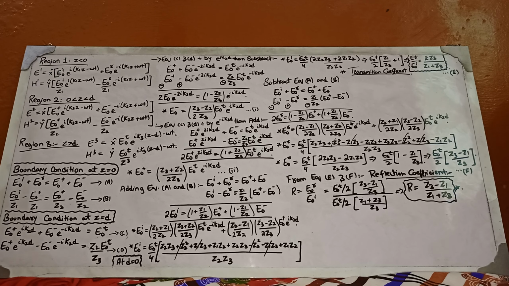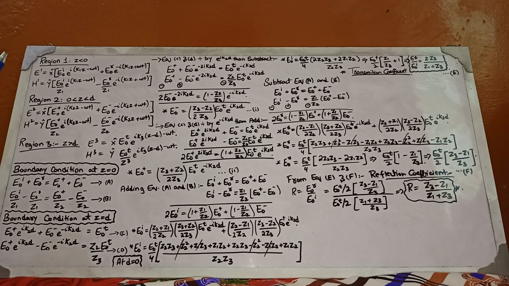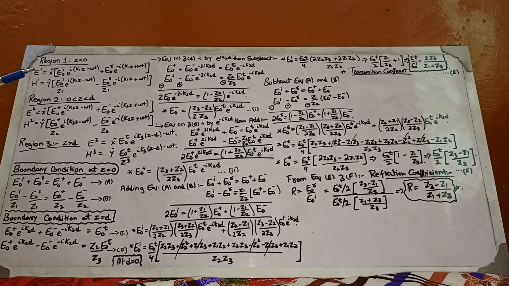Now, similarly, the equation for the magnetic field is y cap, because you know that the direction of the magnetic field is in the y direction. You also understood that the electric field, magnetic field, and wave propagation are always perpendicular to each other.